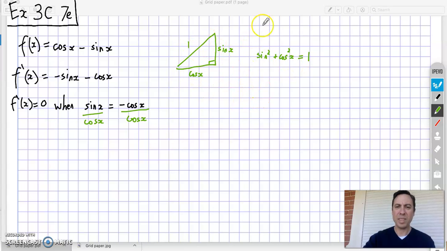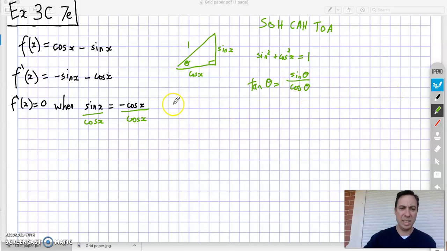And given SOHCAHTOA, where tan is the opposite on the adjacent, right? Opposite, adjacent, let's put in a little angle, opposite to theta, adjacent to theta. So by definition, if tan is the ratio of that opposite length divided by that adjacent length, then tan is sine divide cos. Okay, so that's what I'm setting up here.